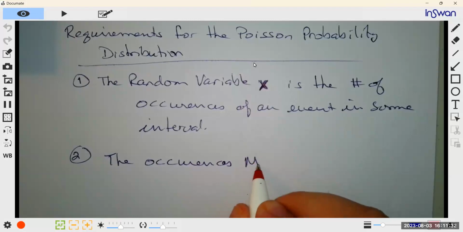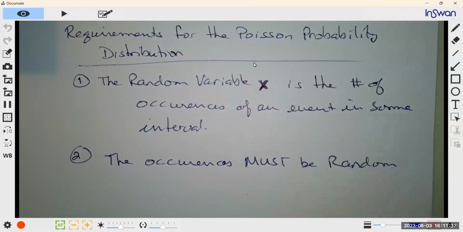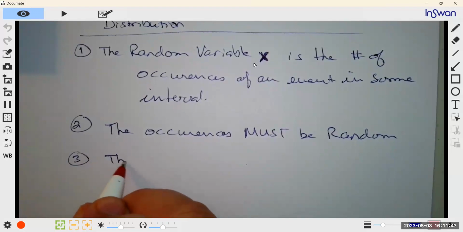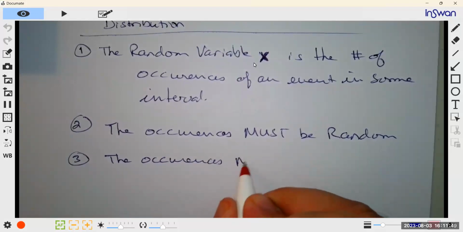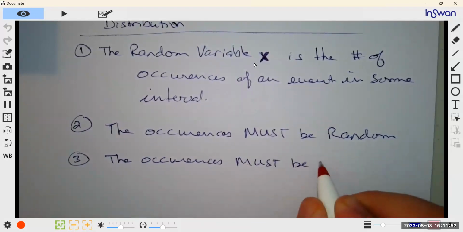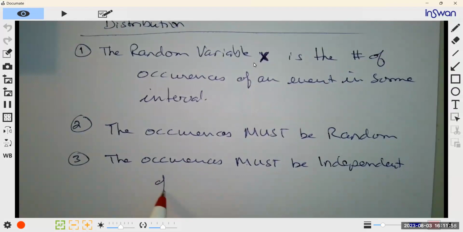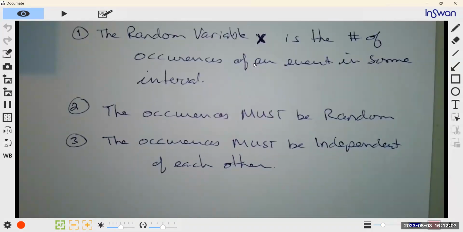The occurrences must be random. They must also be independent, because if they're not independent, then one event will influence another, which takes away the randomness of the entire process.